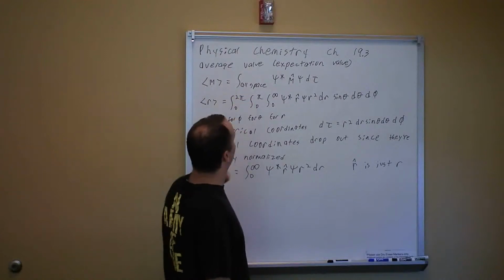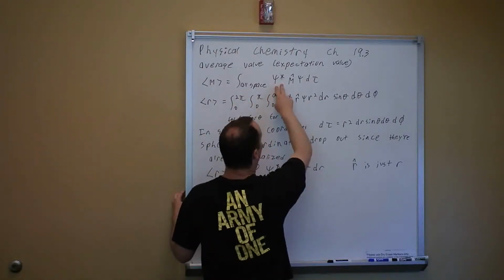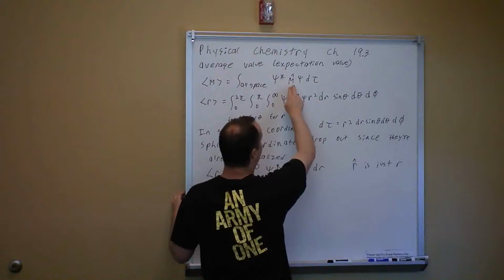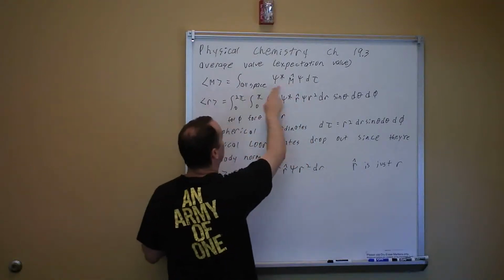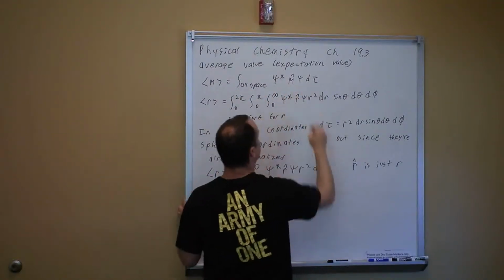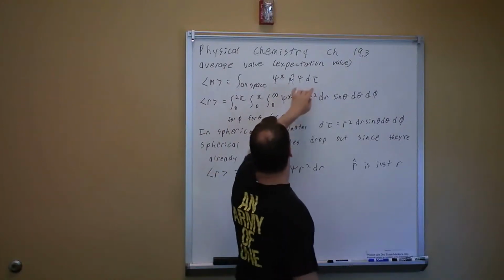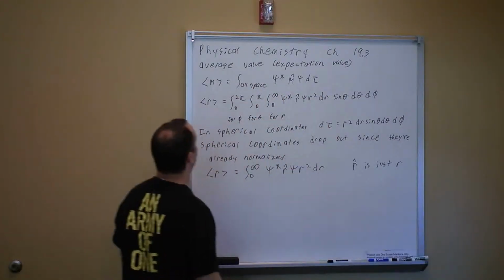So it's going to be the integral over all space of psi star of m hat, the operator for this quantity, times psi d tau. Remember, d tau means integral over all space.